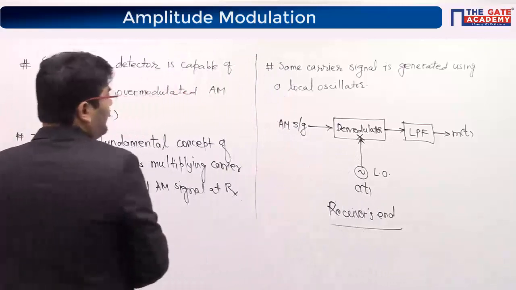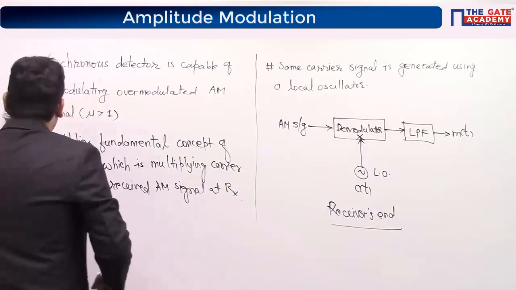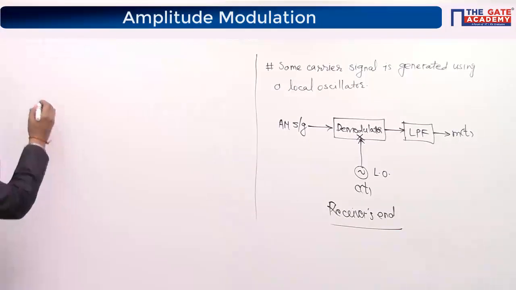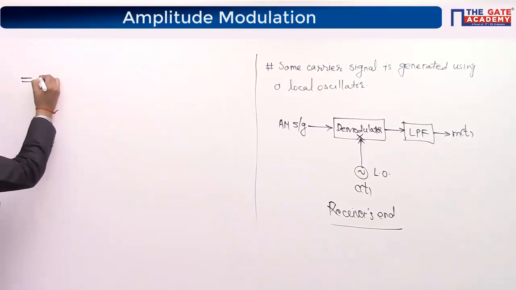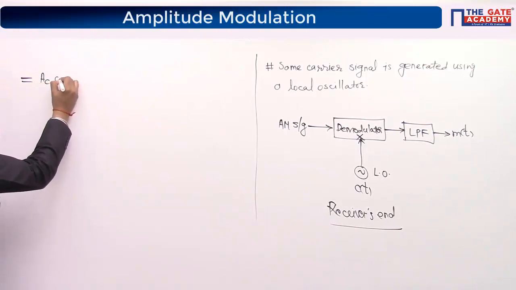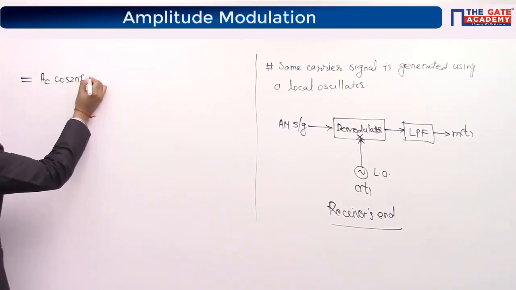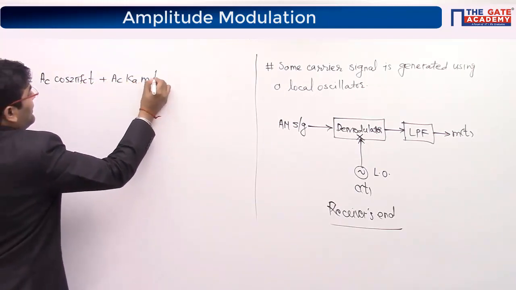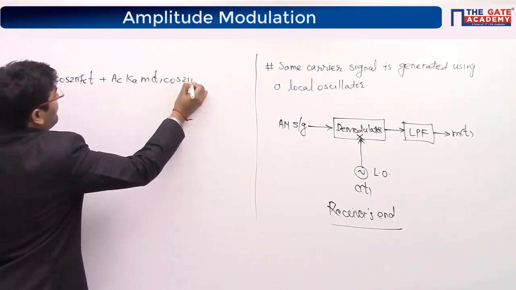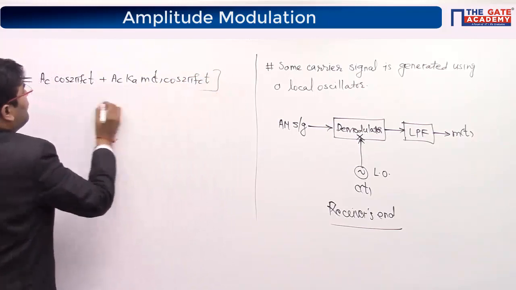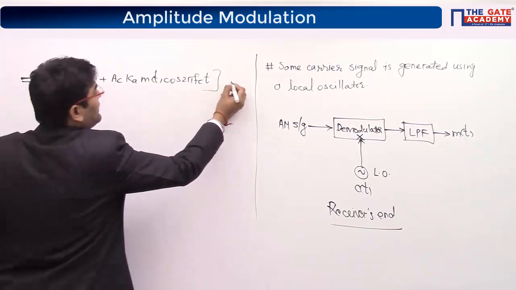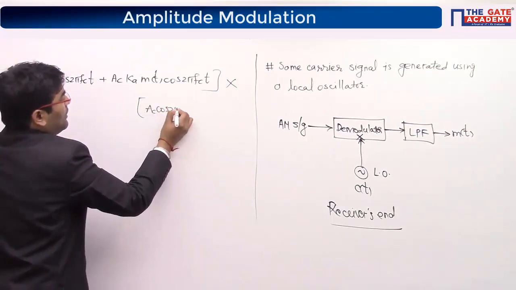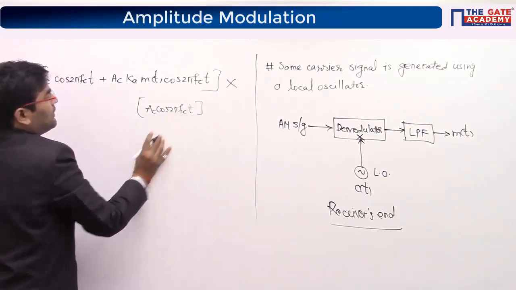Let's do the calculation. Take the equations and let's see what these blocks are doing. We take the AM signal, which is Ac cos 2 pi fct plus Ac ka m(t) cos 2 pi fct, and we multiply this with the same carrier signal, Ac cos 2 pi fct. Clear?